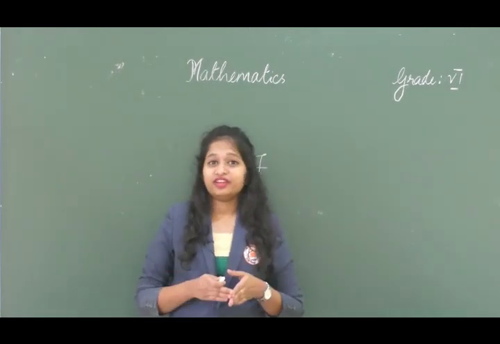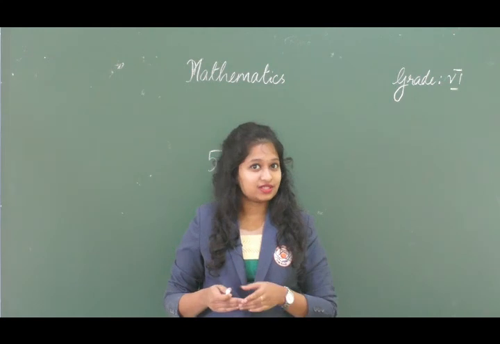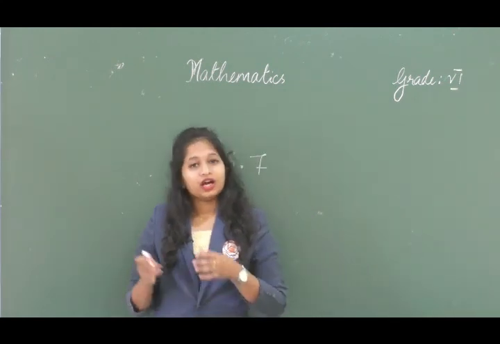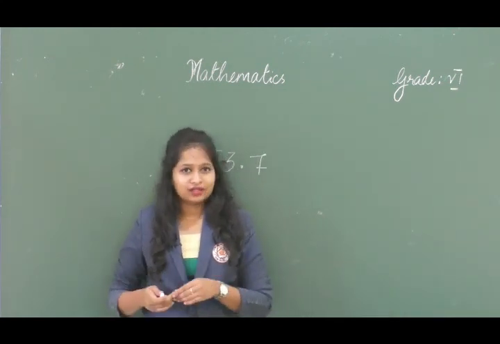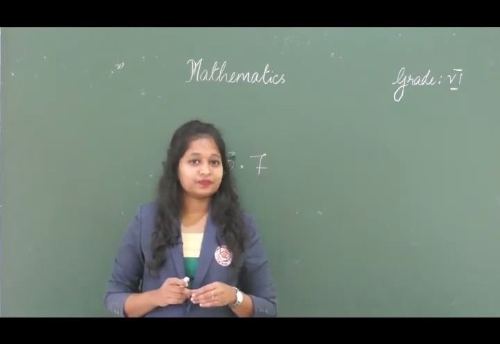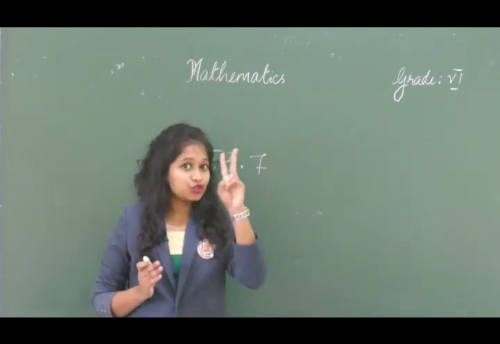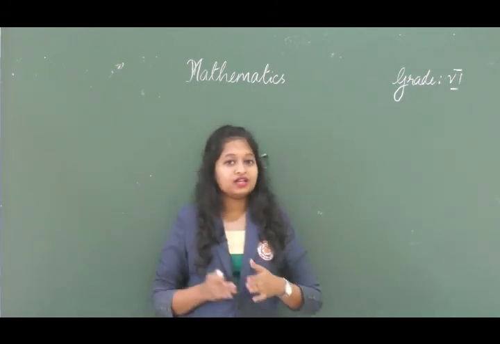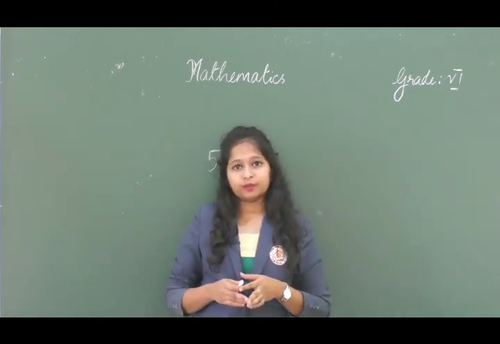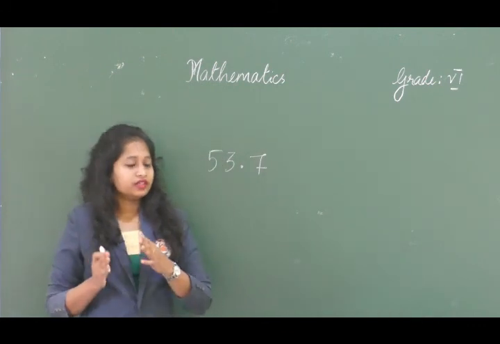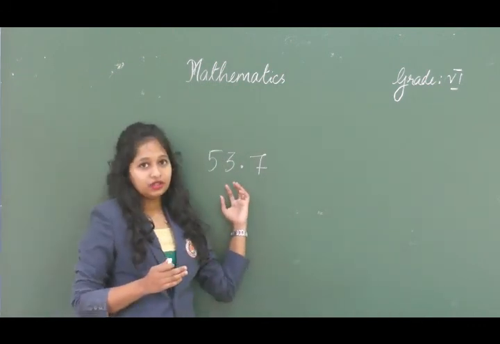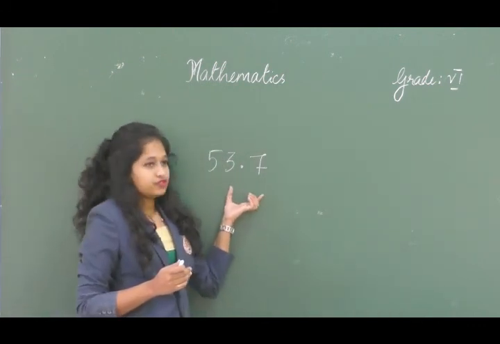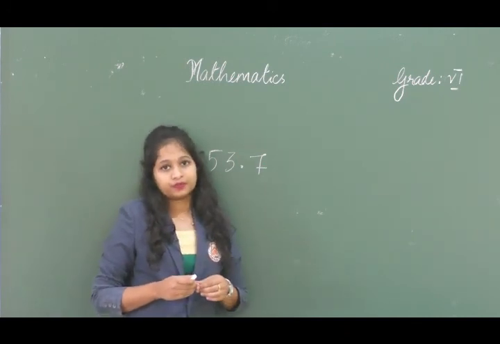In the previous grade, you have learnt about decimals, isn't it? How many parts does a decimal number have? It has 2 parts. What are they? The decimal part and whole number part. Here I have an example, 53.7.